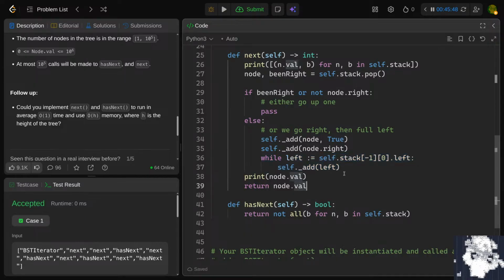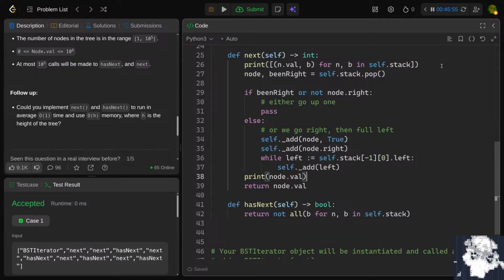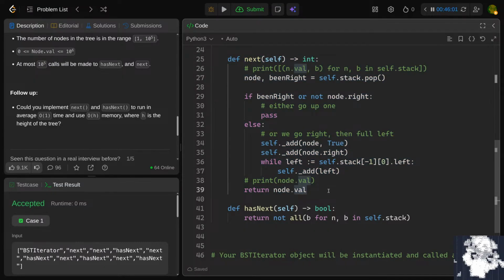This is an average of O of 1, because if ever we go all the way down left, we don't have to redo that.